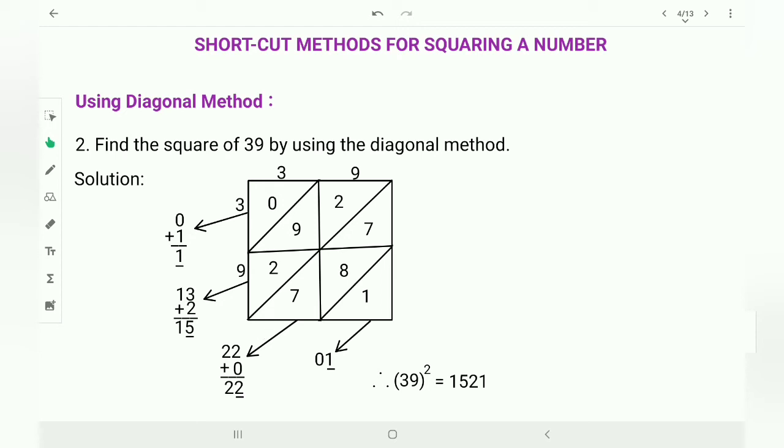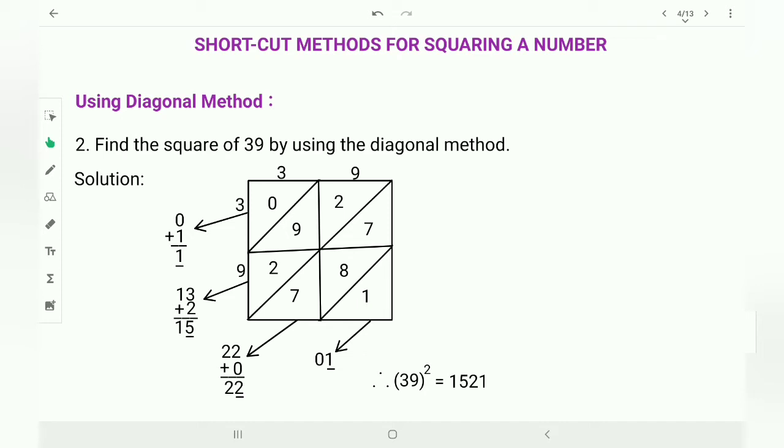After drawing the diagonals, you have to write the digits of this 39 at the top of the square, 3 and 9 like this, and again on the left side of the square 3 and 9 like this, horizontally and vertically.